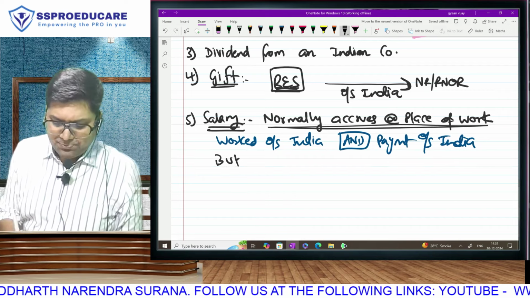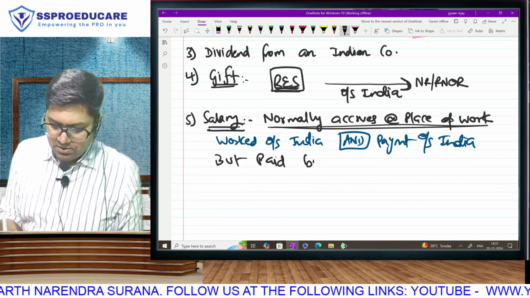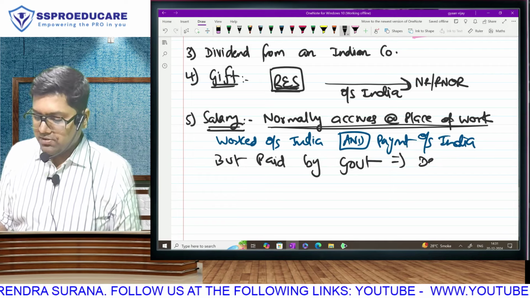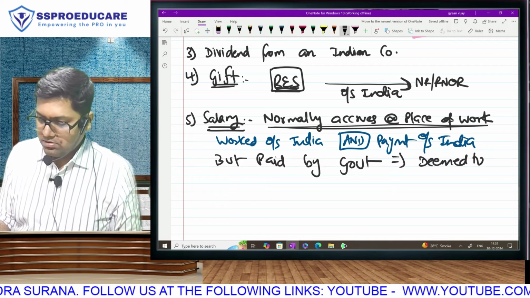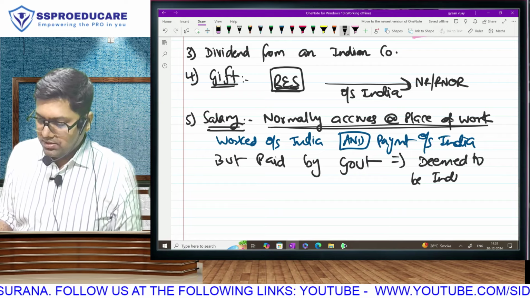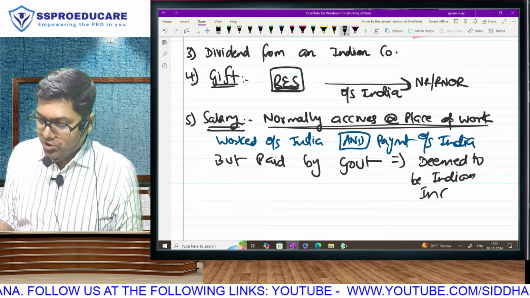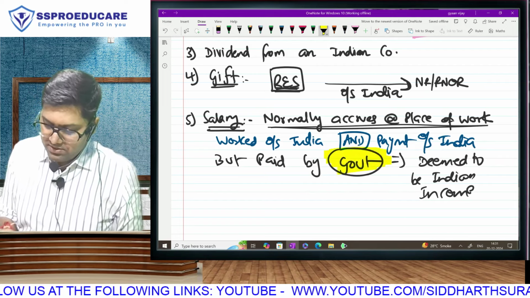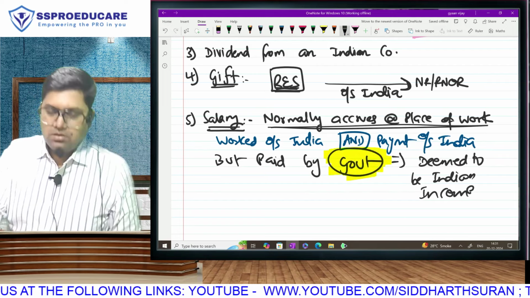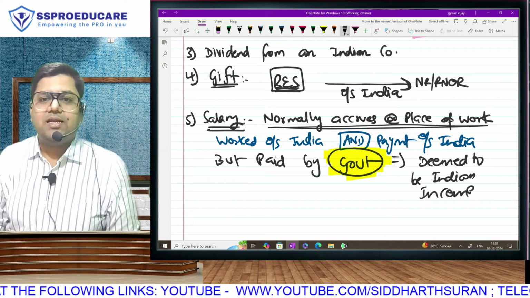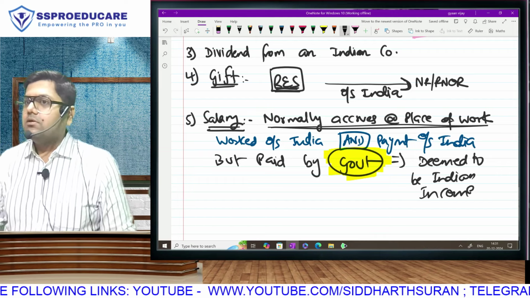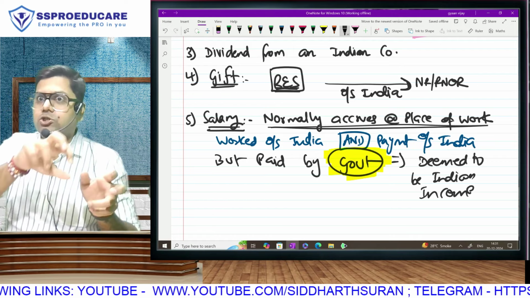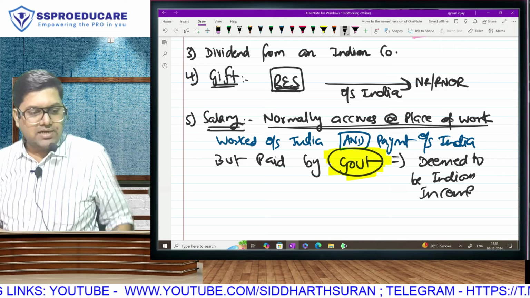But the salary is paid by the government. So it will be deemed to be Indian income because the source of your salary is government. If government is paying salary to its employees who are working outside India and their salary is being paid outside India also, that salary will be deemed to be Indian income.